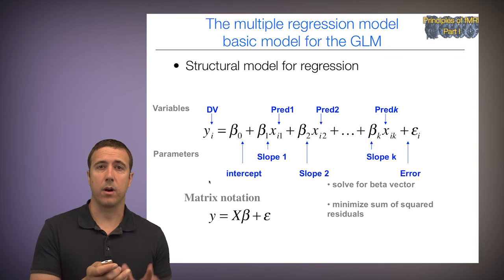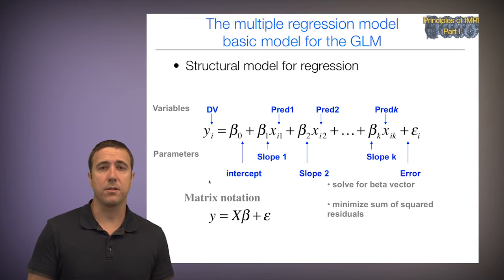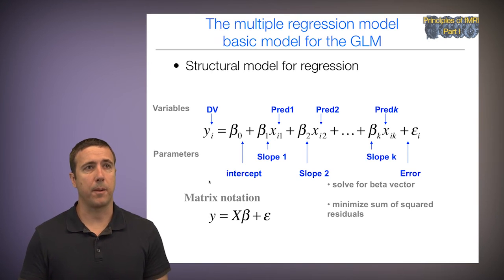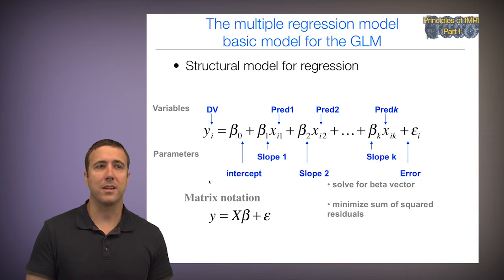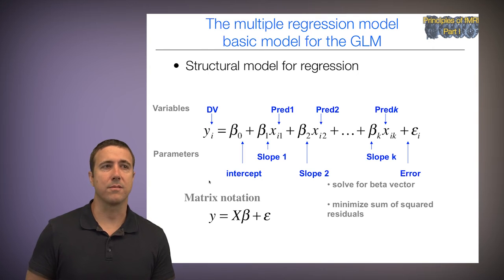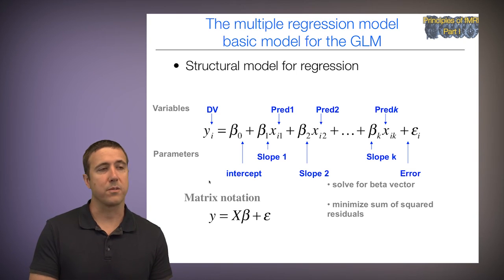So I've got beta 1, which is a scalar, times predictor number 1, plus beta 2 times predictor number 2, and so on for as many predictors as I have in my model. And in matrix notation, this boils down to one simple, elegant equation: Y equals X times beta plus error. Our goal then is to solve for the beta vector, which is a series of regression parameter estimates, by minimizing the sum of squared residuals.